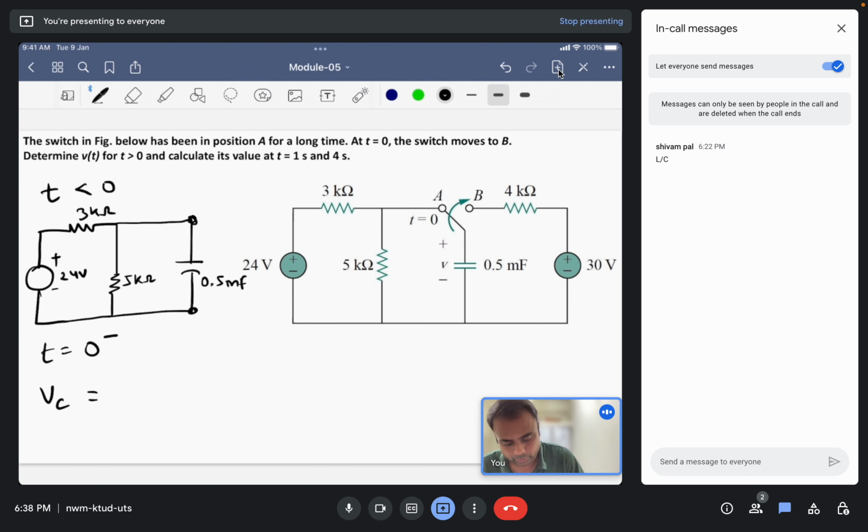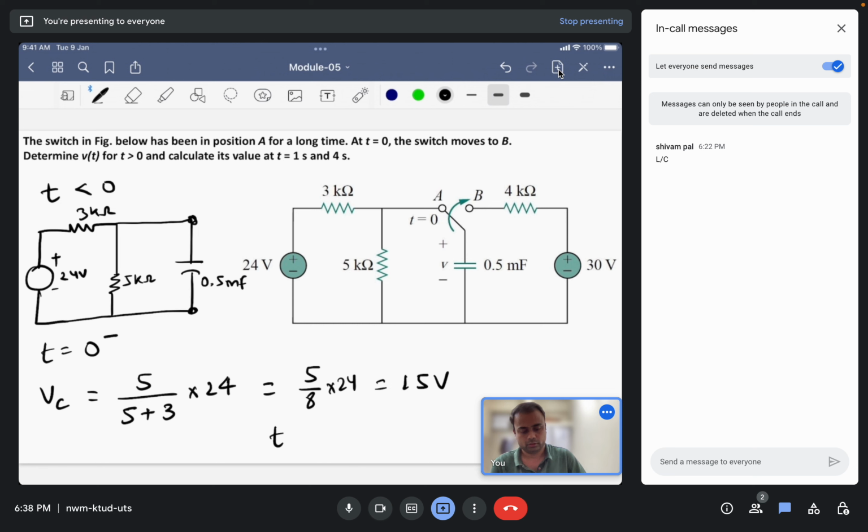The voltage drop across 5 kilo ohm will be the numerator, divided by the sum, since both resistors are in series. I am not simplifying the kilo ohm part because the kilo ohm will cancel out, times the total source, that is 24 volts. So that is 5 by 8 into 24, which becomes 15 volts. So at time t equals 0 minus, the voltage across the capacitor is 15 volts.